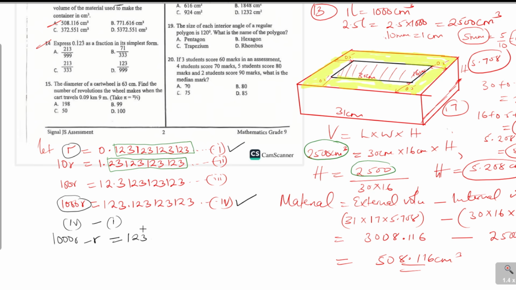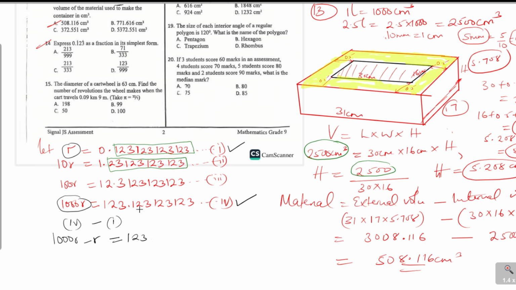Why am I subtracting 0? Because the decimal part is uniform, it is the same. Even if I write 123.123 subtract 0.123, I'll still get 123. You just consider the whole number part, because that is the one that is different.